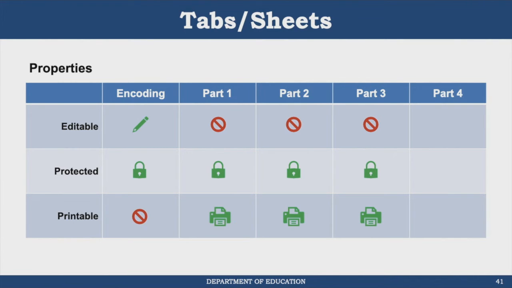They are all not editable because all data that are needed for these parts are encoded in the Encoding tab. They are all protected and not editable, but printable. The Part 4 tab is editable but also not protected to allow the users to make any necessary changes for crafting the development plans. And of course, it's printable.